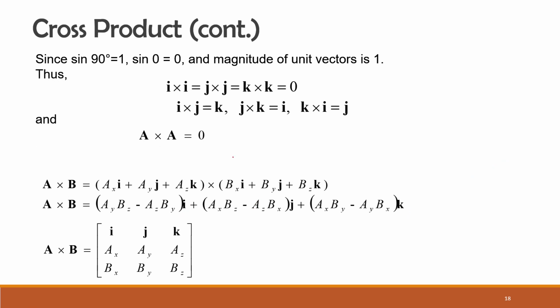So how do we do the cross product? I cross I, J cross J, K cross K is 0.